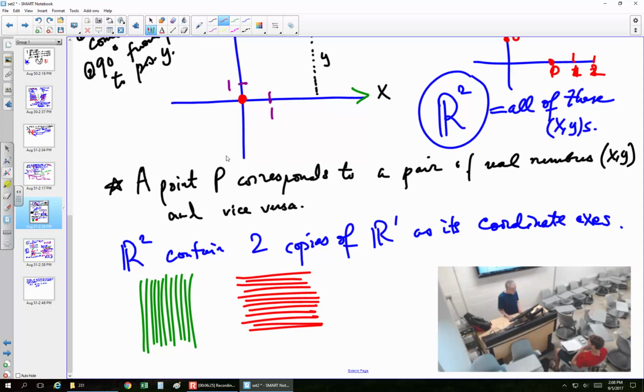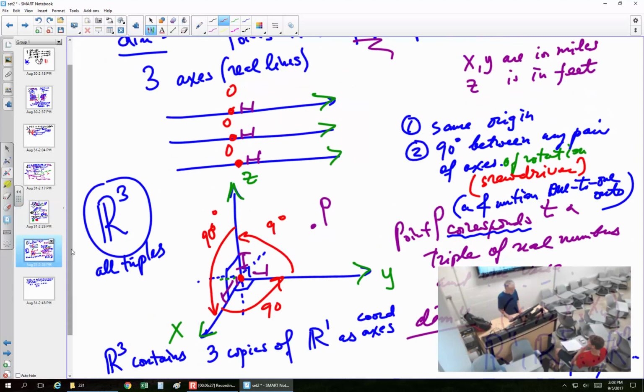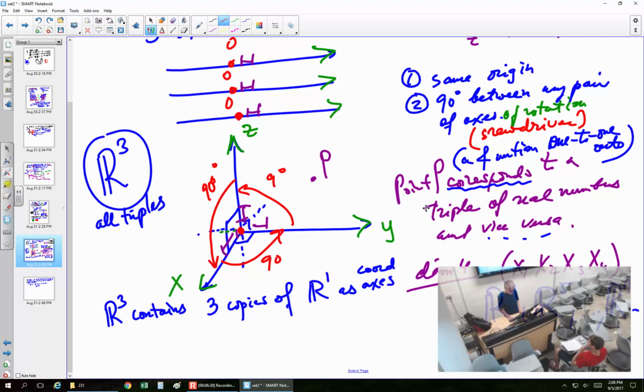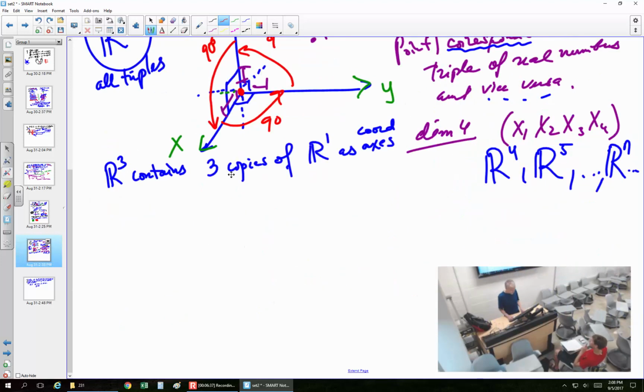Now furthermore, R3 is slightly more complicated. As I said, it has three copies of R1 as coordinate axes. But if I want to do stacks, R3 is a bunch of stacks of what? R2. So it has three copies of R2 as its coordinate planes.